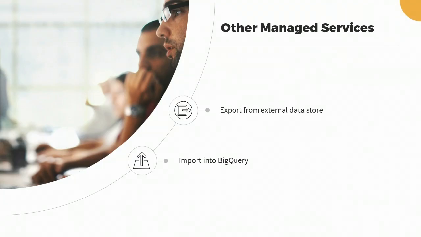Another thing you can do is export data from the external data store yourself and give it to the Google Data Transfer Service, and that will also do it on a schedule for you. So there are multiple ways to tackle this.